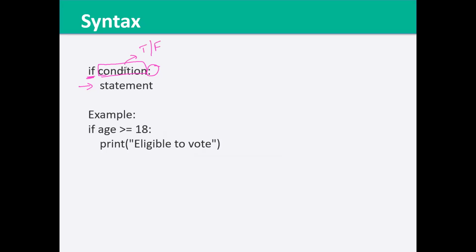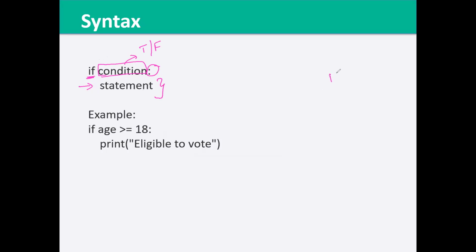It is a Boolean expression. Whenever the condition is true, it will run the statements within the if condition. Whenever there is an indentation, it means those lines of code belong to that if condition.